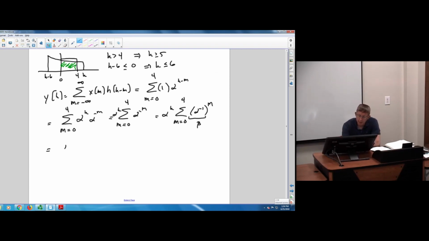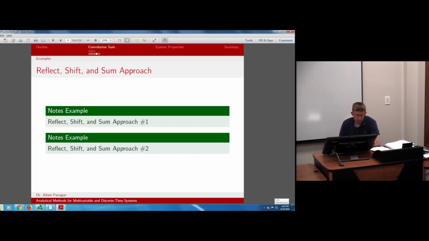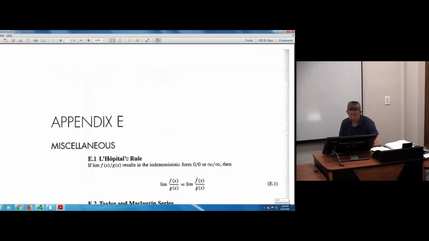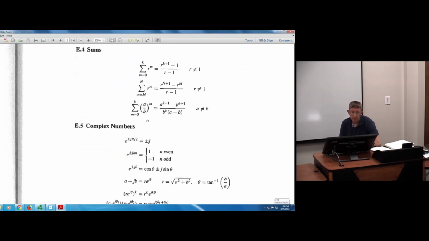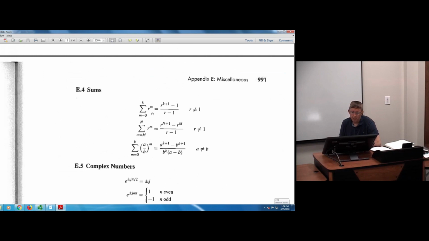Well, let's do it. So alpha to the k. This one's interesting. This goes from 0 up to 4. What's the rule? You take whatever this is, and you add 1 to it. So here's what I'm going to write from my geometric series in my closed form math appendix. Whatever number you see, you write it down plus 1, and then you subtract off 1.